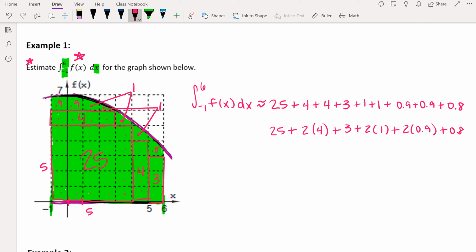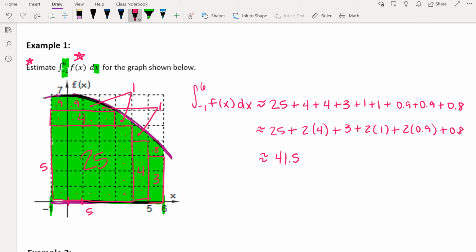All right, and what we get is approximately 41.5. It's not going to be perfect. This is what I got the last time I did it, so this math might not add up, but it's approximately 41.5. We can't really know for sure. All we were doing was adding up the areas of each square.